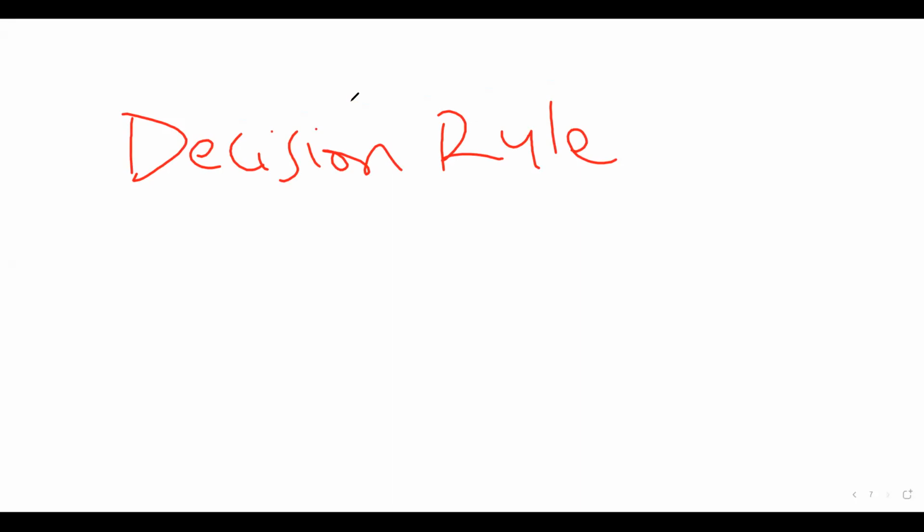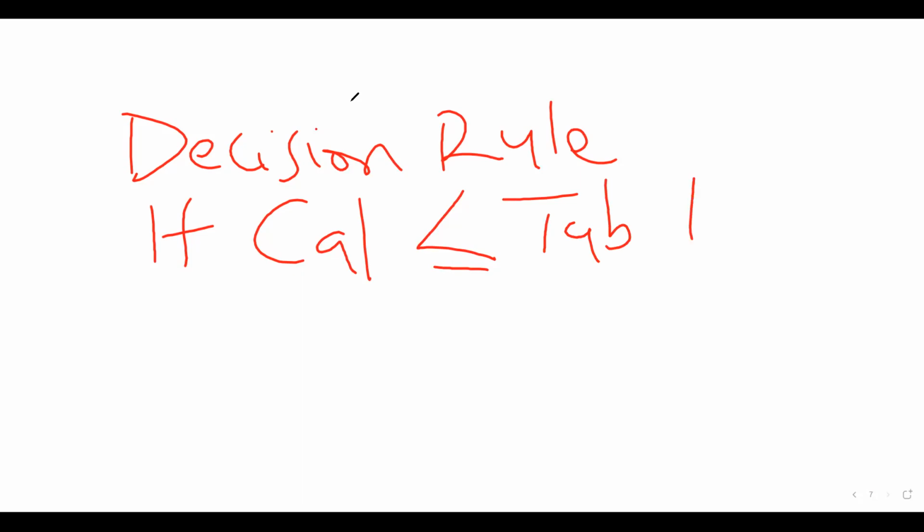It's the opposite here. That one was parametric, so this is non-parametric. Here, if the calculated is less than or equal to the tabulated, you reject the null hypothesis.